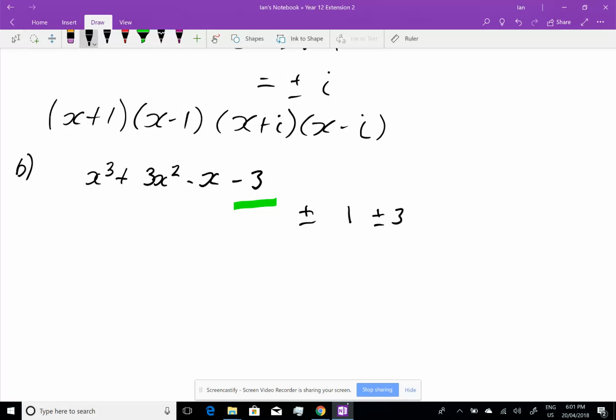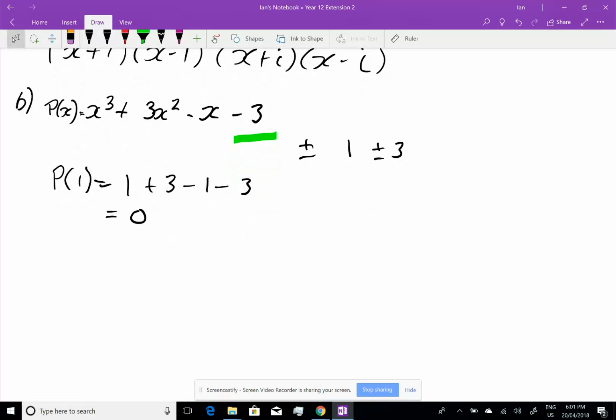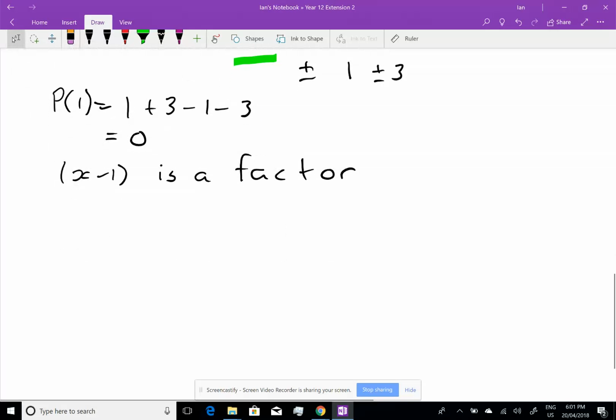So if this is p(x), because it's a polynomial, let's try my favourite, p(1), and we get 1 + 3 − 1 − 3. Oh, 0. So, hey, love using 1. Therefore, x − 1 is a factor. Always go 1. It's always your favourite. We'll do the synthetic division to get out the next ones.